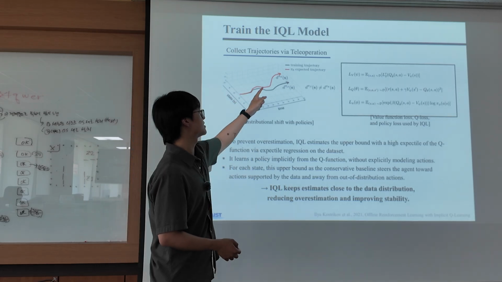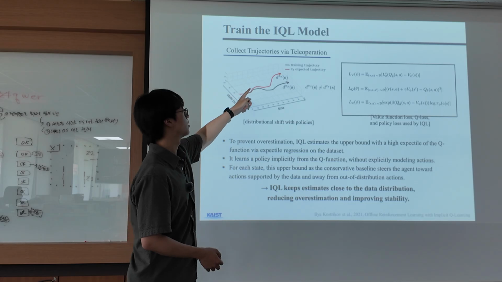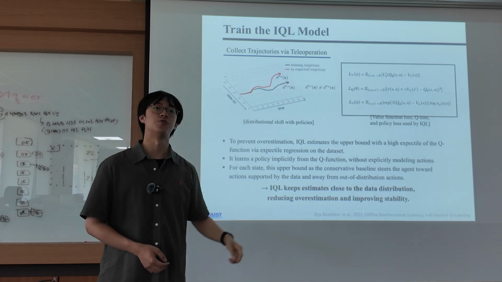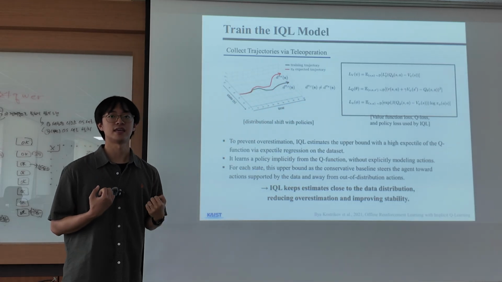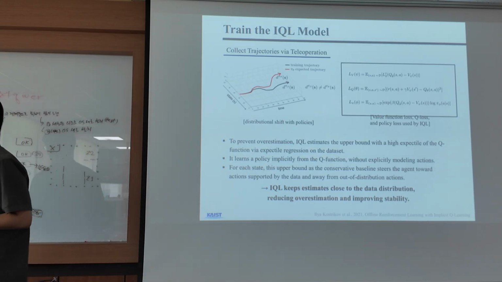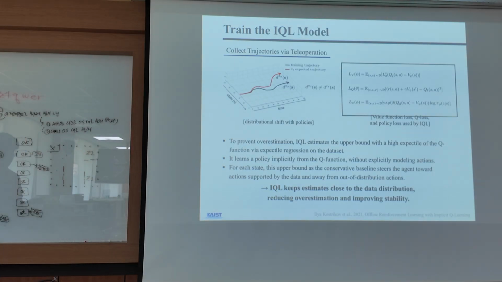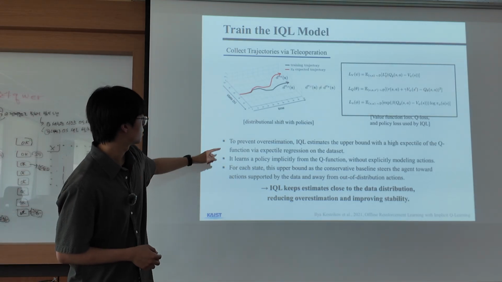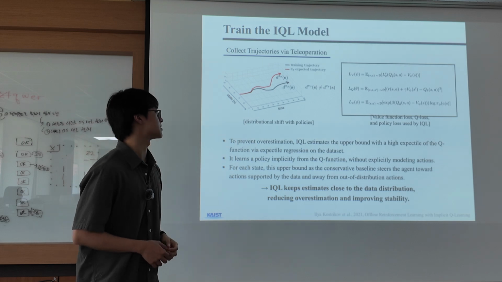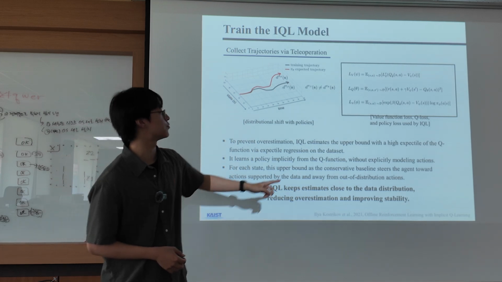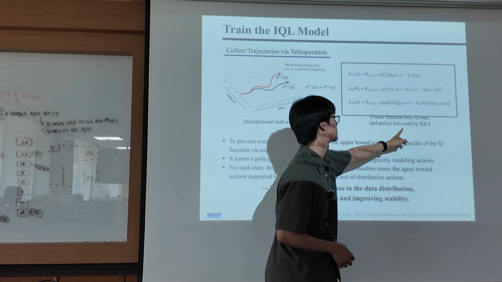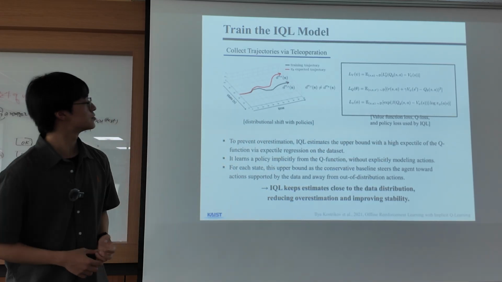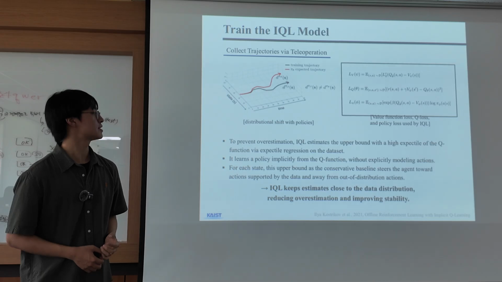So if the data set differs from the real situation that the robot faces, it will probably forget how to execute the proper actions. So in IQL, to prevent overestimation, IQL estimates the upper bound with an expectile concept to predict a Q function.